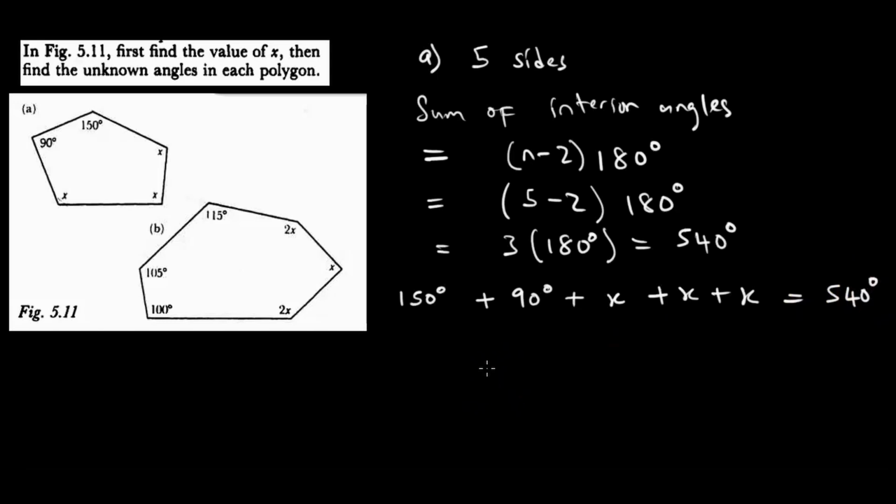So let us simplify the left hand side first. 150 plus 90 is 240. So 240 degrees plus x plus x plus x, that's 3x, is equal to 540 degrees.